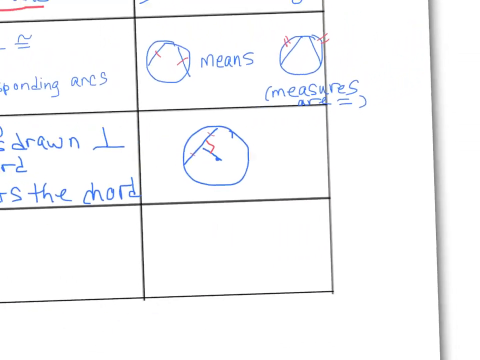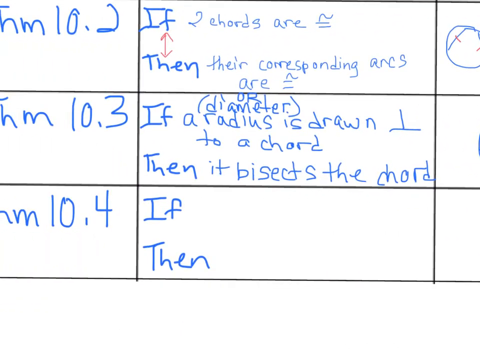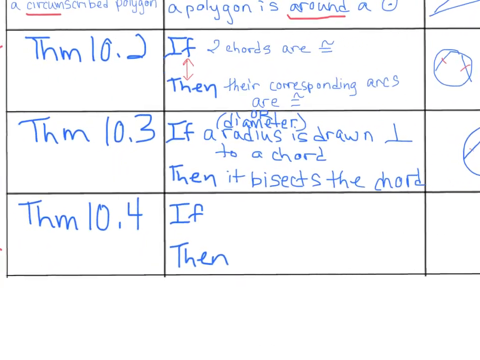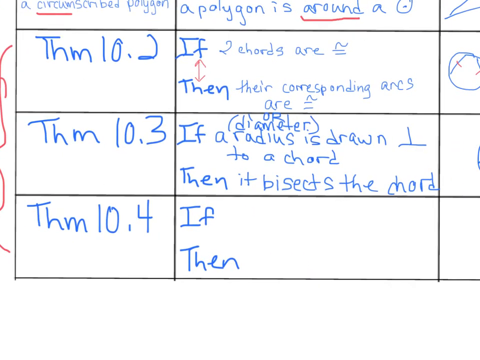So now our last definition for this video is Theorem 10.4. And Theorem 10.4 talks about chords and their distance from the center of a circle. So we're going to start with if two chords are equidistant, the same distance away, in other words, from the center of a circle.